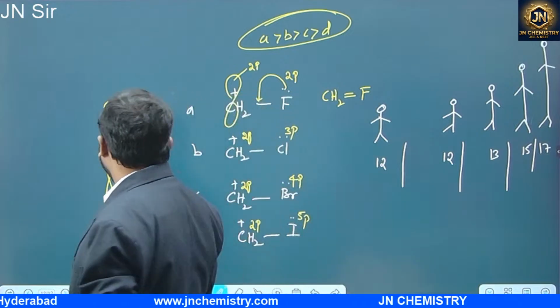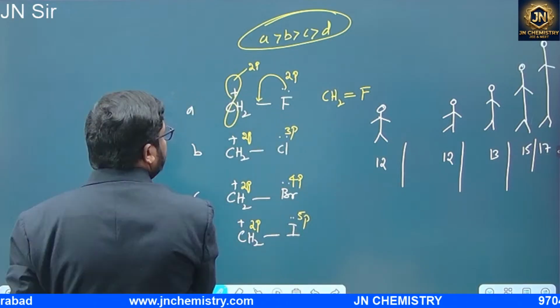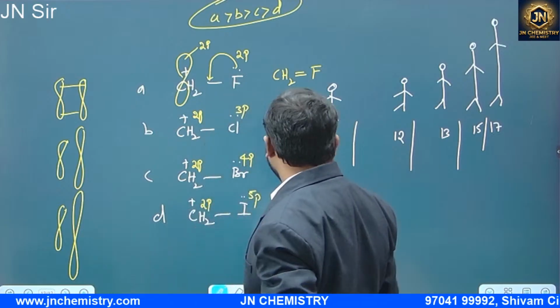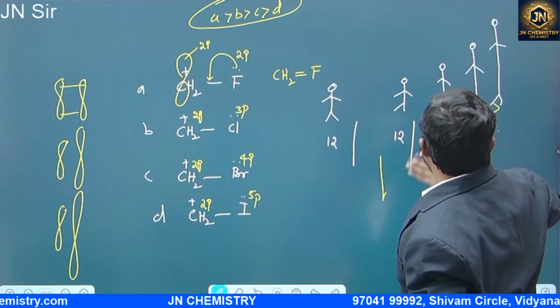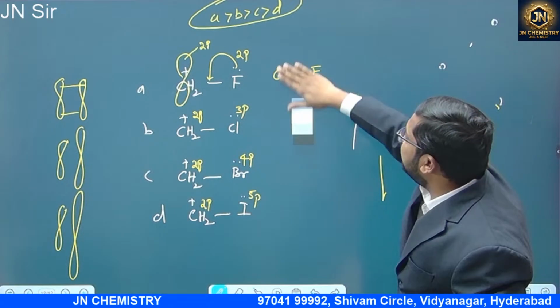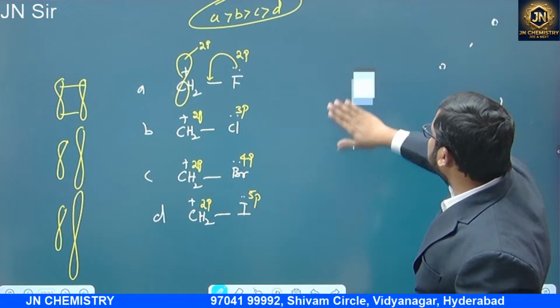The same question, if I am giving in a different mode, each question they ask in different ways. So we need to understand how they are asking and in which concept.